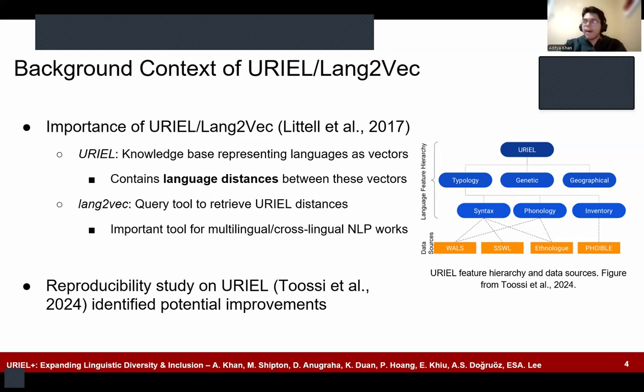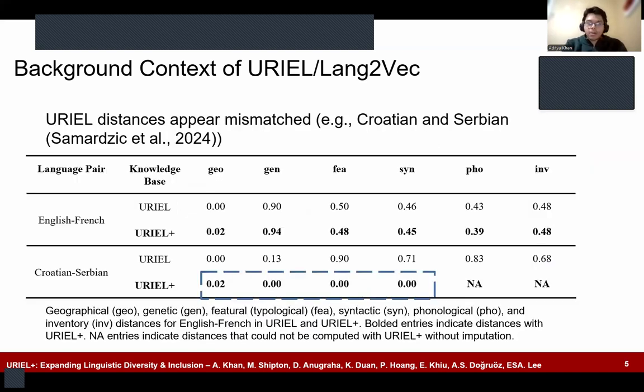Some of these were identified in a reproducibility study done by Khan et al. in 2024. One of the biggest problems within URIEL is that sometimes the distance calculations don't match what we would expect them to be.